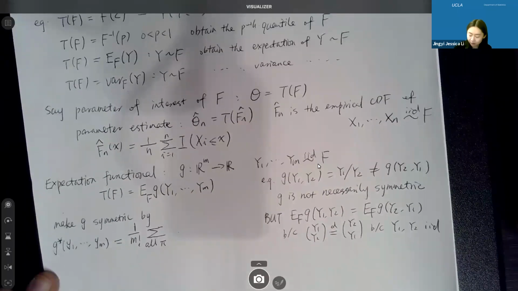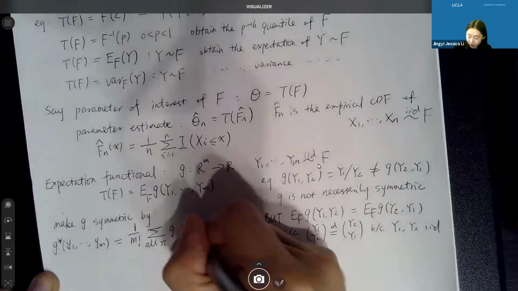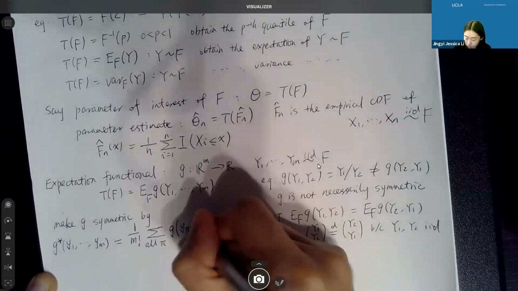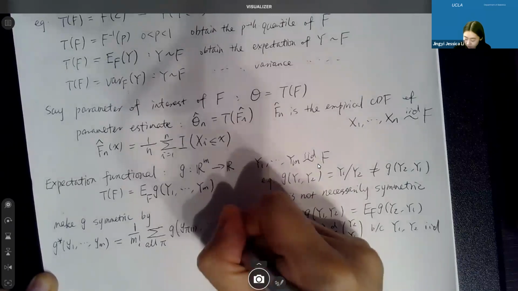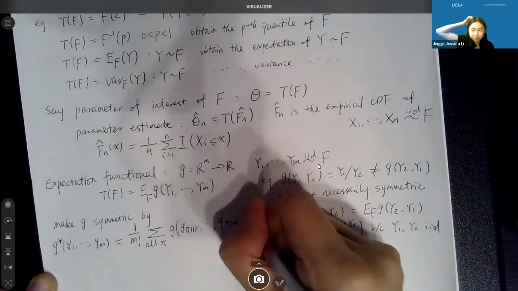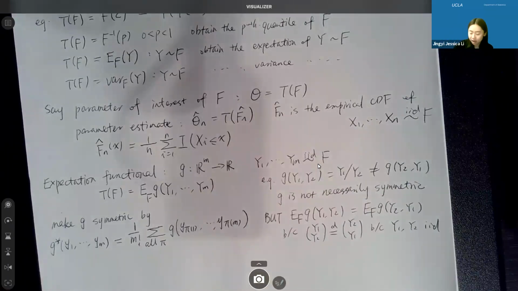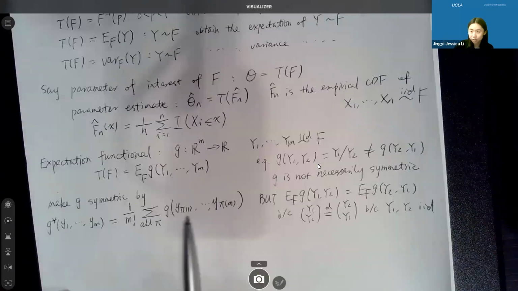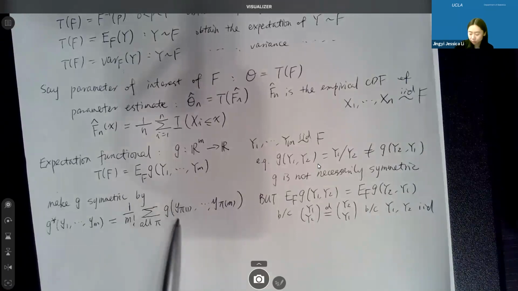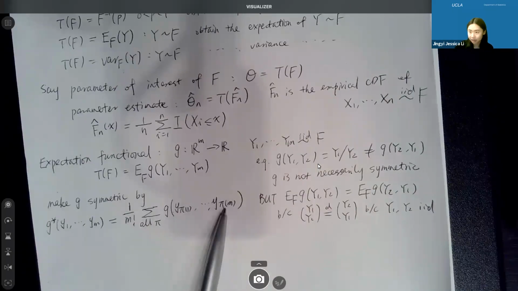And then I will have g of y_pi(1) to y_pi(m). So what does that mean? Let's say pi is a permutation, so it will shuffle the order of 1 to m in a way. Therefore, say pi(1) could be 2, pi(n) could be 4, etc.